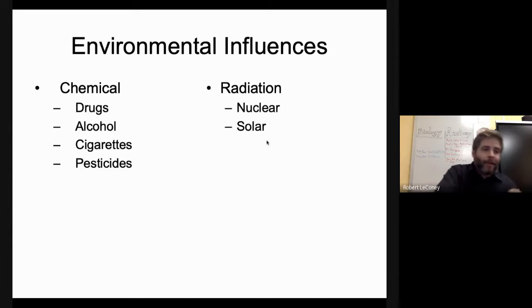So you throw more chemicals into the chemical reaction and you can mess up the reaction somehow. Alcohol, also a chemical. Now, a little alcohol is not going to cause cancer, obviously, but excessive alcohol, like we're talking a lot of alcohol on a daily basis, can mess up the DNA replication in your liver, and you get some major liver problems.